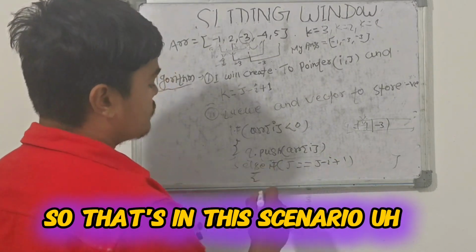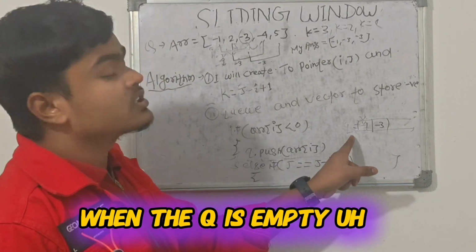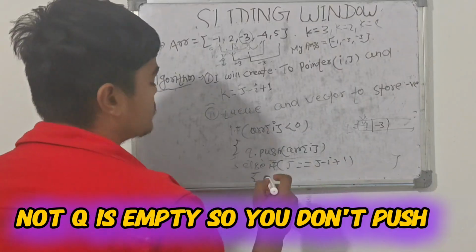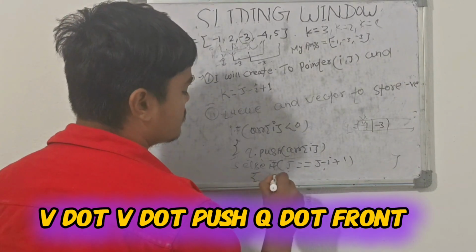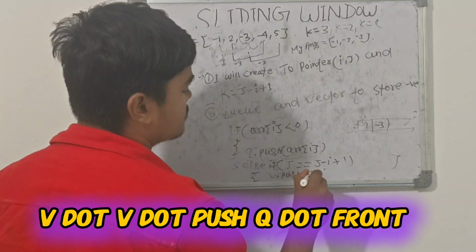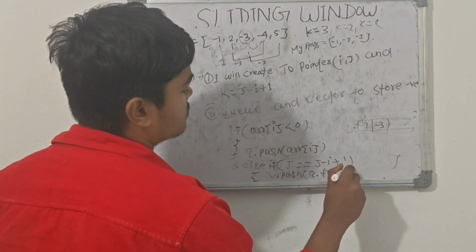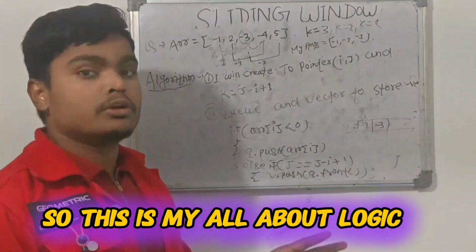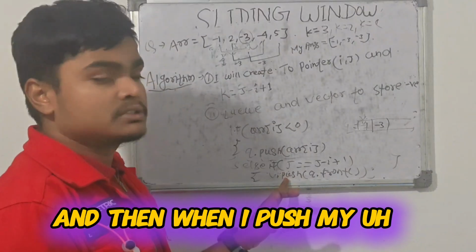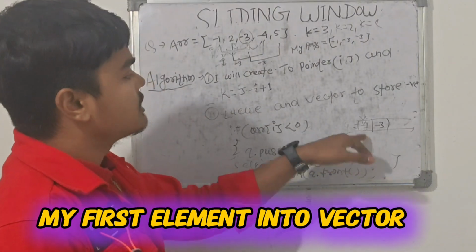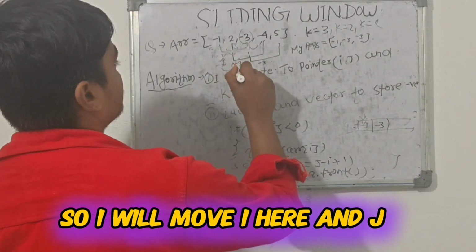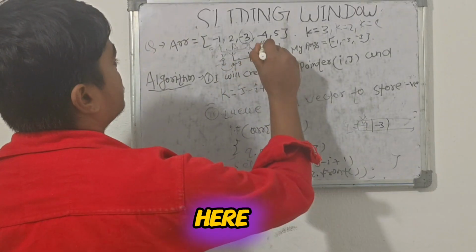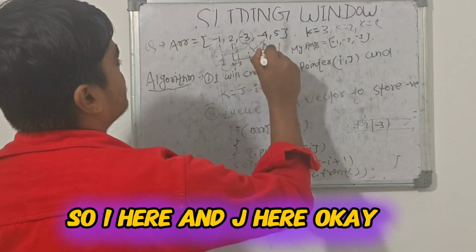In this scenario, when the queue is not empty, v dot push q dot front. So this is all about the logic. When I push my first element into the vector, I move i here and j here.